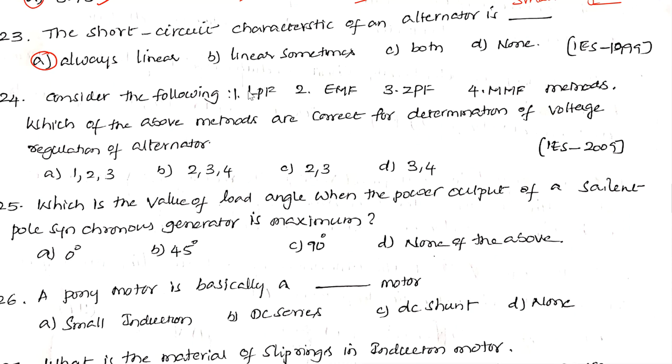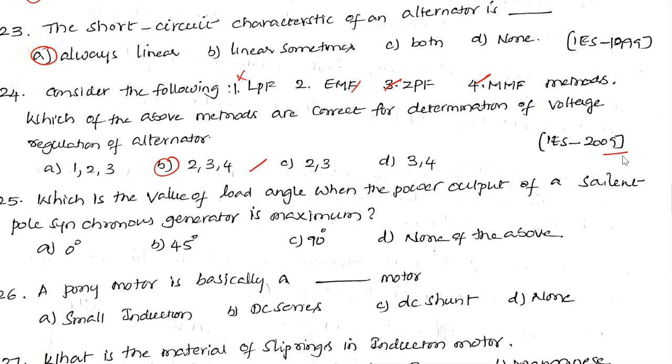No, it is not actually a method. The EMF method, another name for which is the synchronous impedance method, and the ZPF zero power factor method. MMF is the ampere turn method. So the correct options are 2, 3, 4. So 2, 3, 4 is the correct option. This was asked in IES 2009 paper.